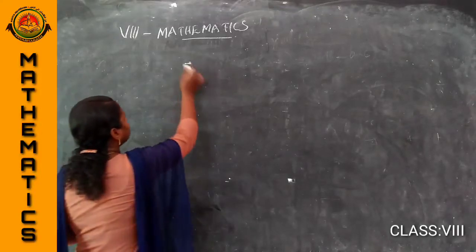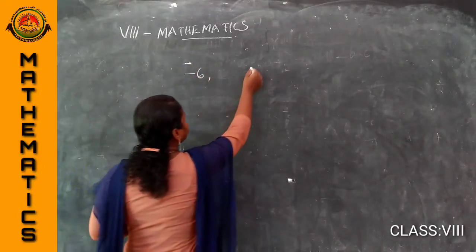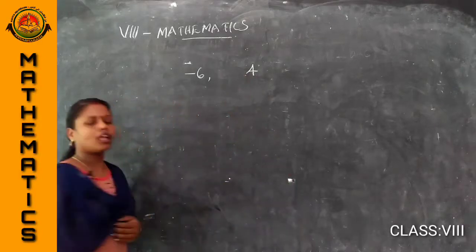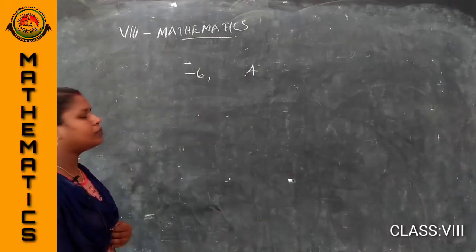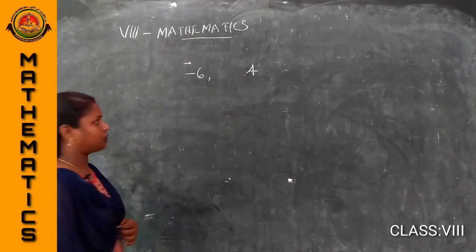We know how to find an integer between two integers. Suppose we have two integers, -6 and +4. How many integers are there in between -6 and 4?